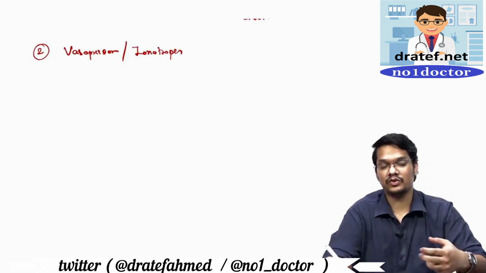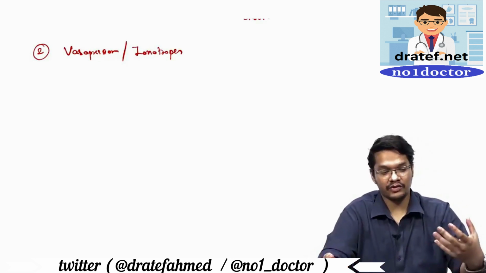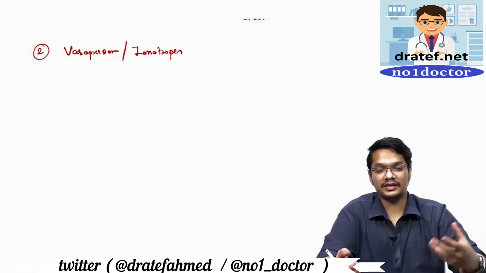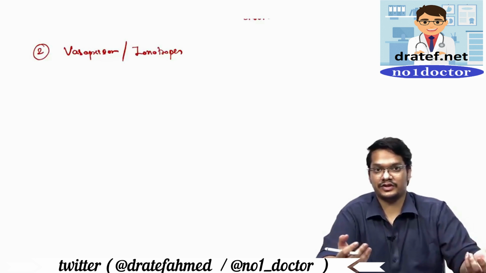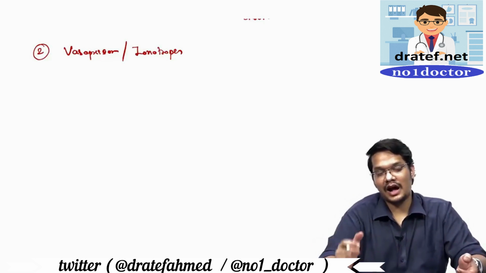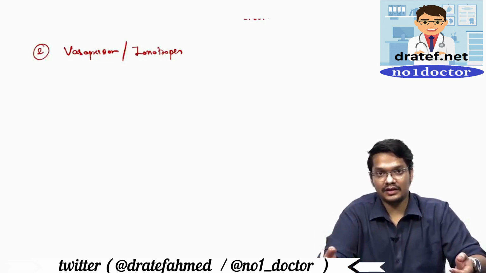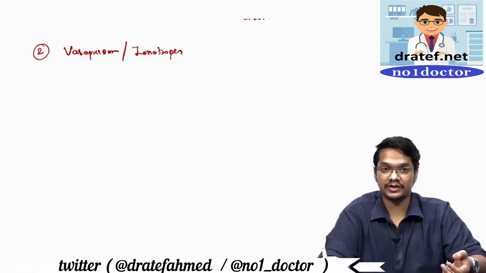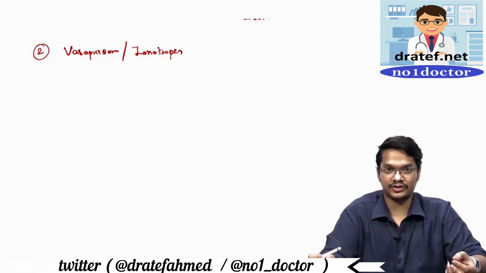There's a difference between the two. Vasopressors are drugs which essentially cause vascular constriction, and that too venous preferentially. Whereas inotropes act more on the heart and increase the contractility more than vasoconstriction.